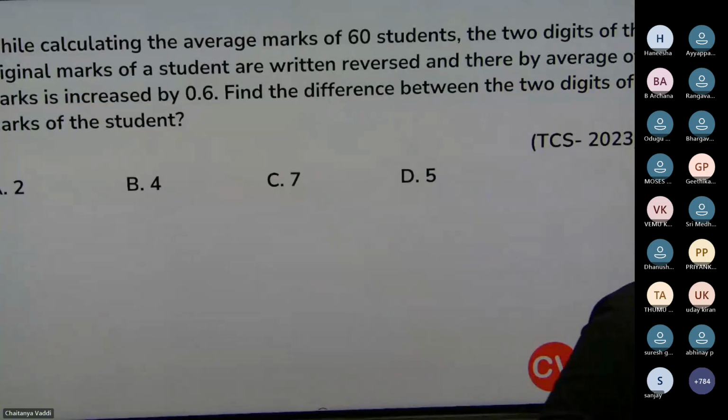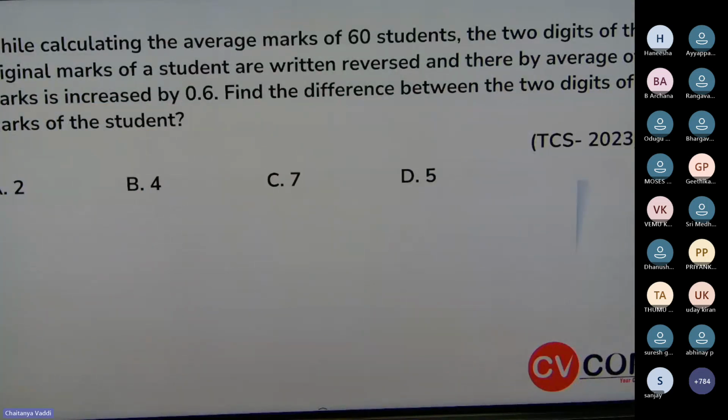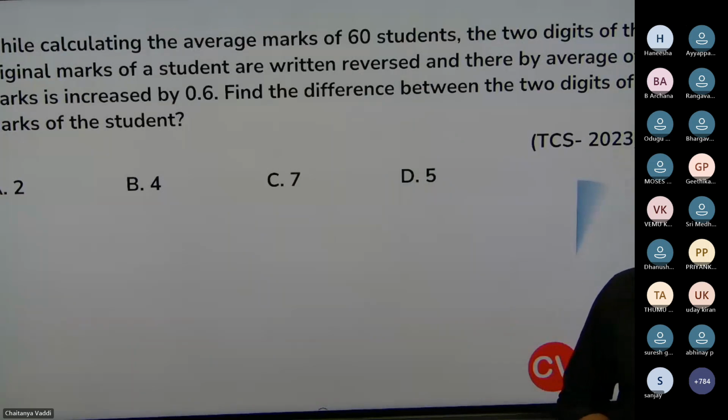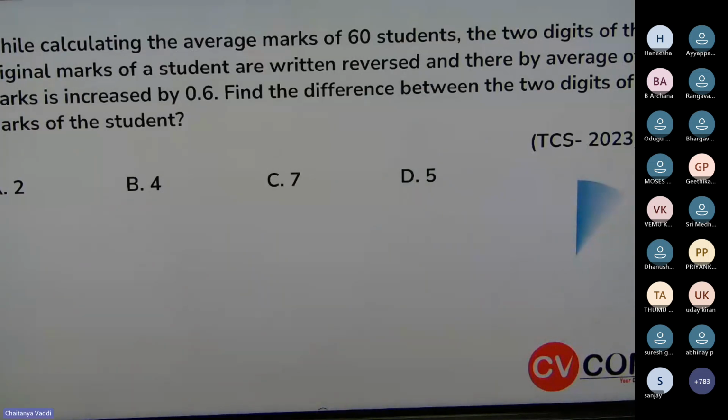Now try to solve this question first. The similar type of question. The same question was given in TCS 2023.